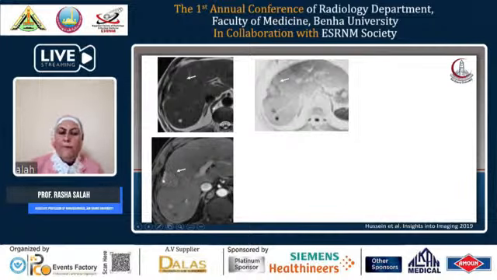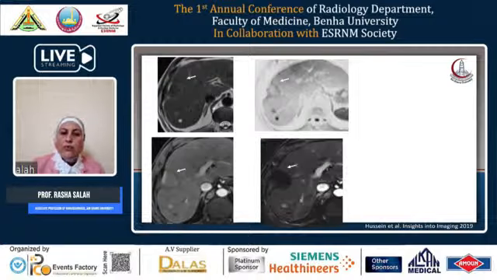This is a hyperintense lesion, and this hyperintensity is likely due to coagulative necrosis. So when we refer to the subtracted image to exclude whether this is just coagulative necrosis or residual tumor, there was no related enhancement, and this indicates that we are dealing with a well-treated lesion.